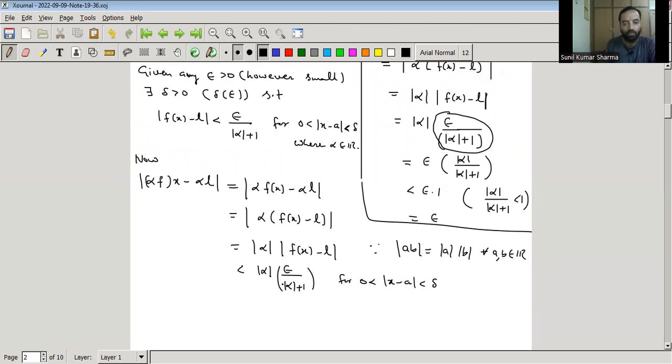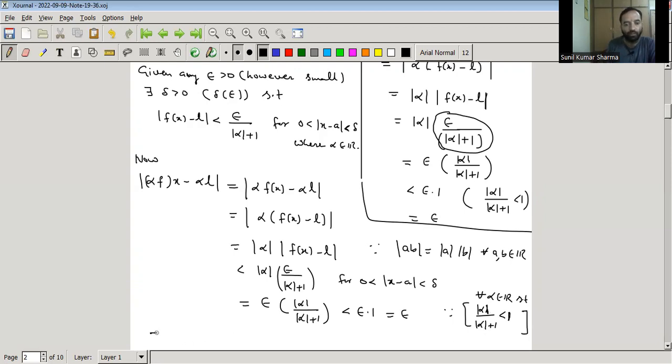So this is equal to epsilon into mod alpha upon mod alpha plus 1, which is less than epsilon into 1, that is equal to epsilon, because mod alpha upon mod alpha plus 1 is less than 1 for all alpha belongs to R. You can take any alpha such that mod alpha upon mod alpha plus 1 is less than 1.